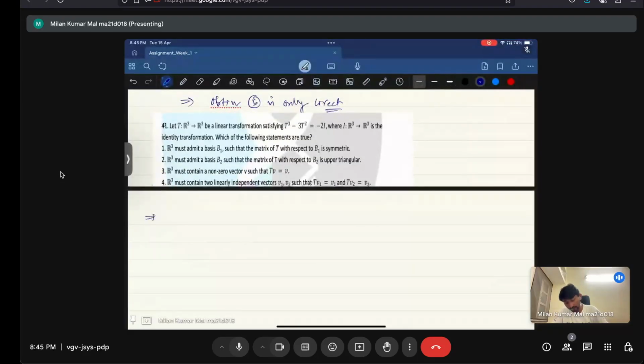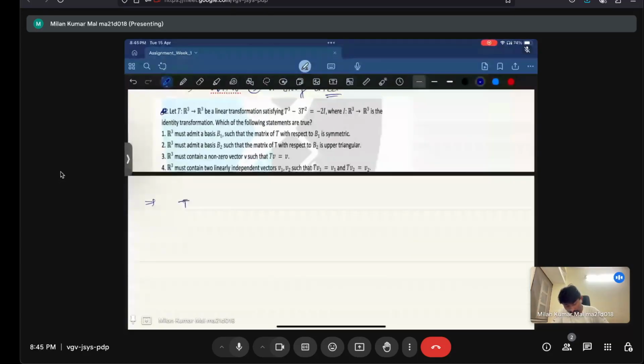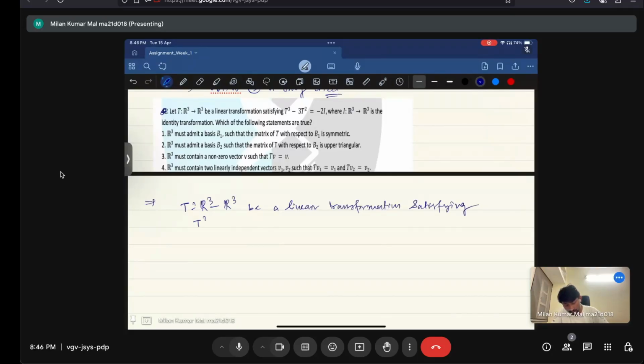Let T from R3 to R3 be a linear transformation satisfying the condition T cubed minus 3T squared equals minus 2I.